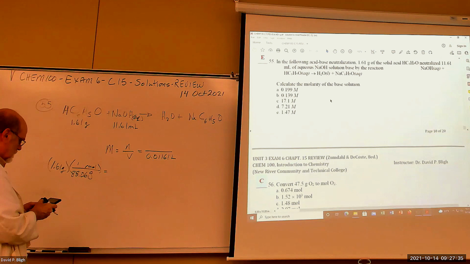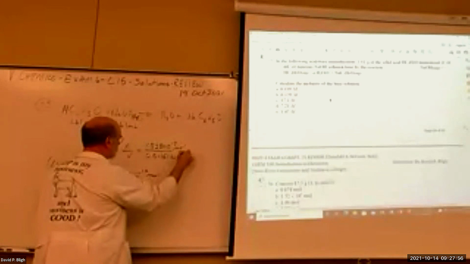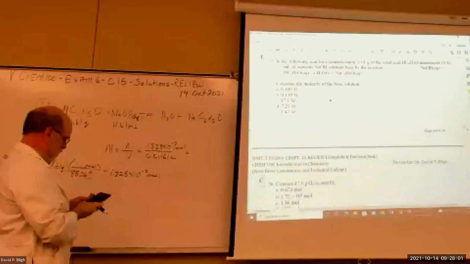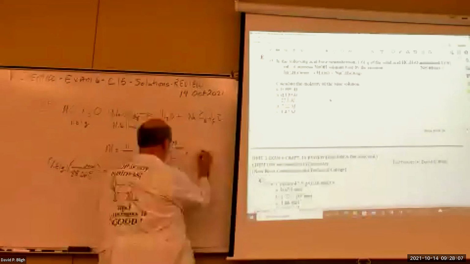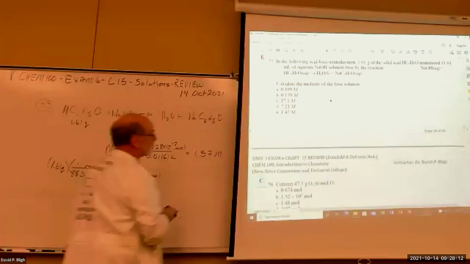And I get 1.828 times 10 to the minus 2 moles. So that goes up here. Why? Because if we know the moles of this, 1 to 1, we know the moles of that. 1.828 times 10 to the minus 2 moles divided by 0.01161 liters. So that's 1.57 molar.